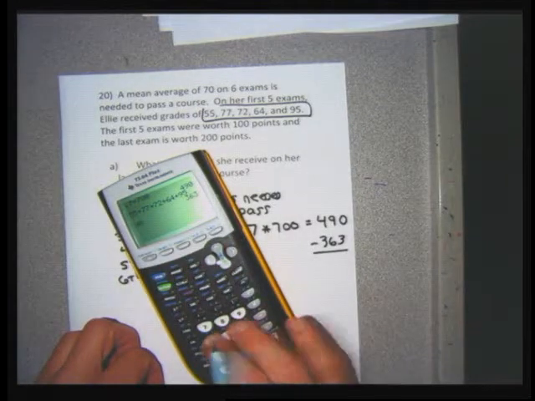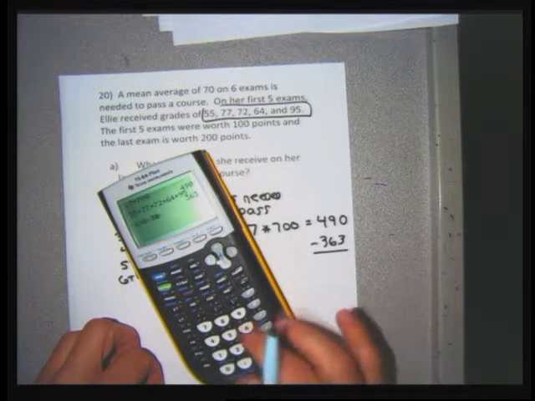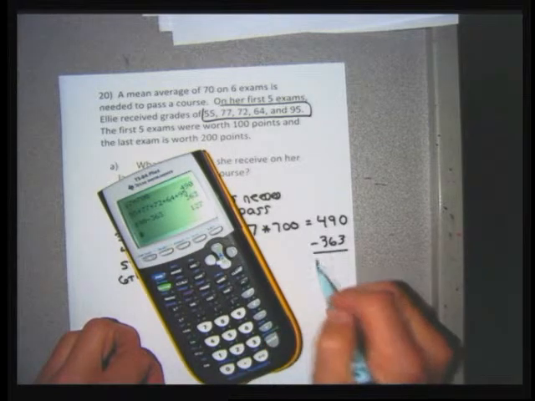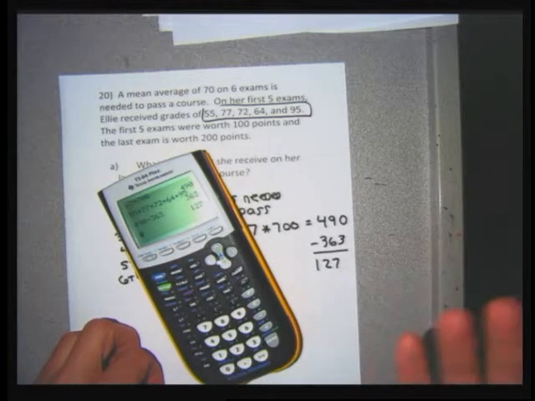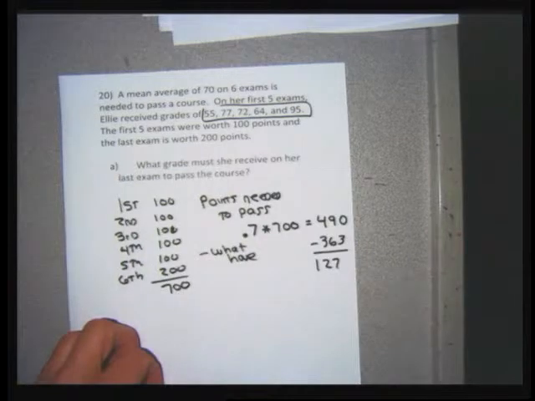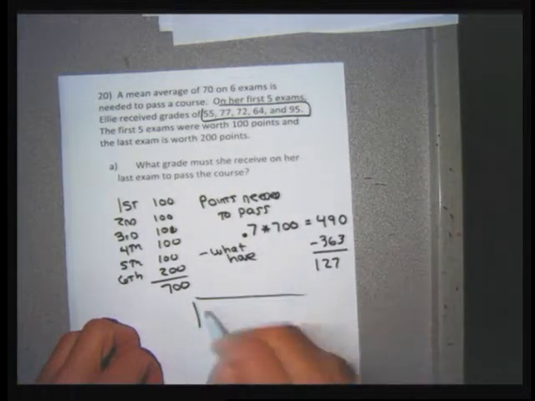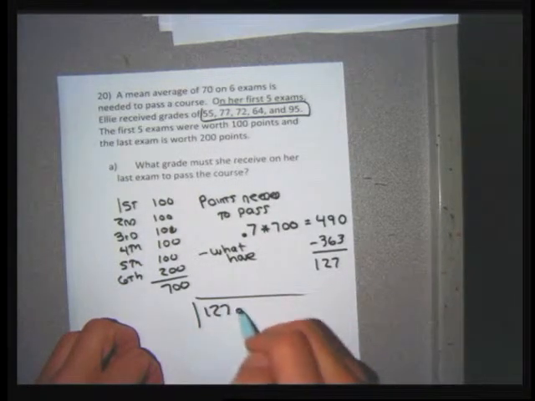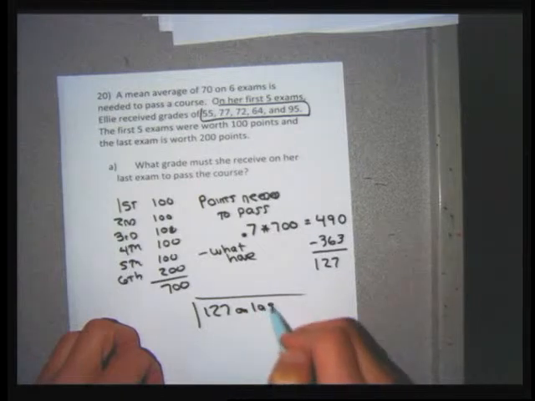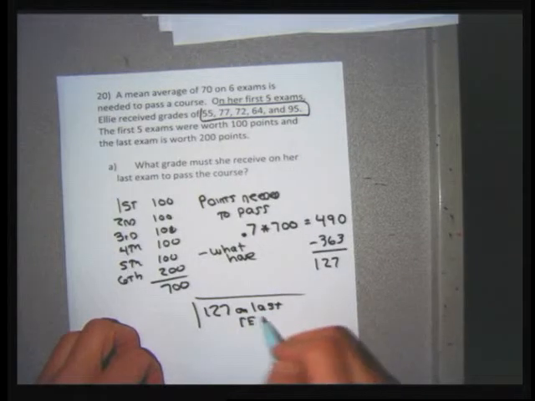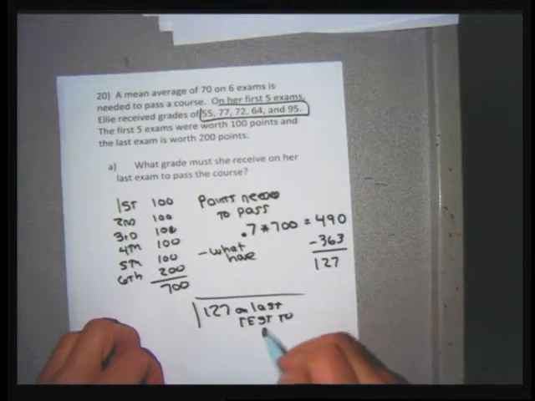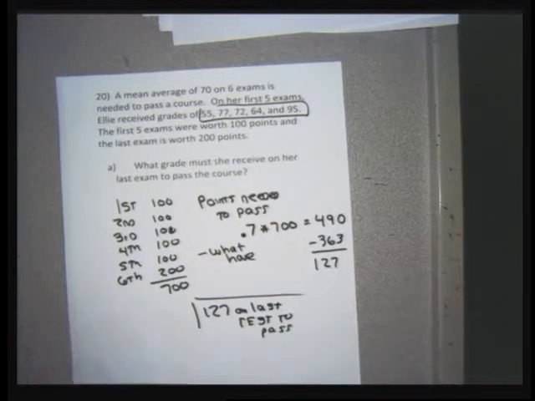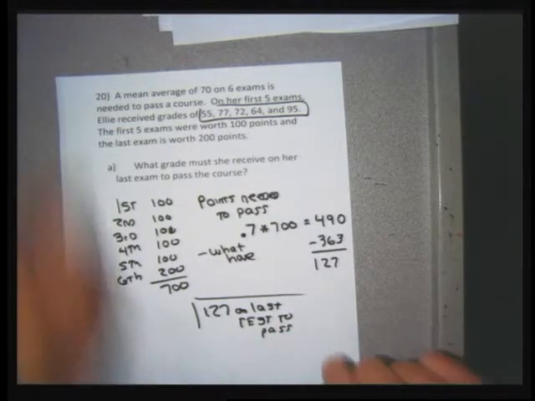So I'm going to take 490 and subtract 363 and get 127. So she needs 127 out of 200 points on the last test to pass. A little bit harder with the 200-point test.